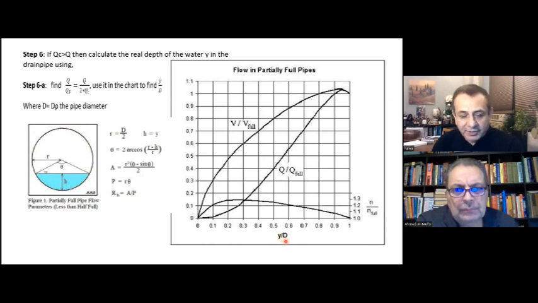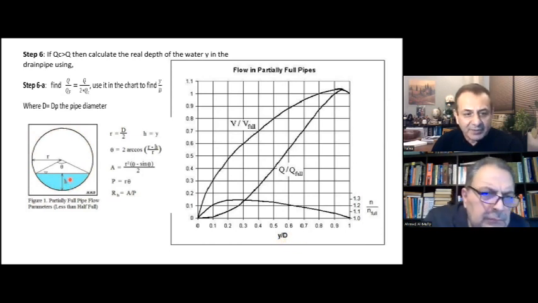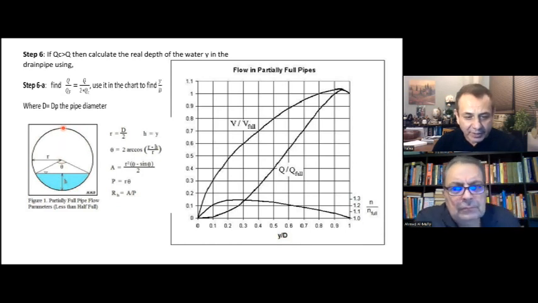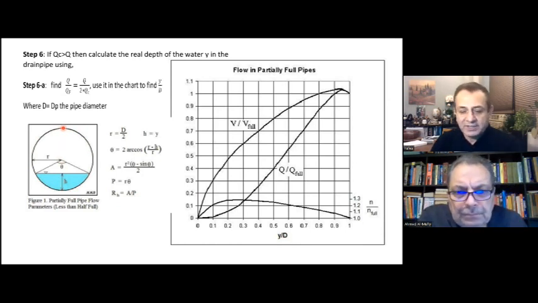So Y over D, Y is the same as H here, which is the real depth of water, while D is the diameter of the pipe. And we're going to see why we should do this.